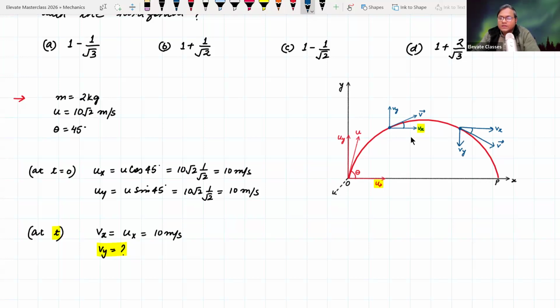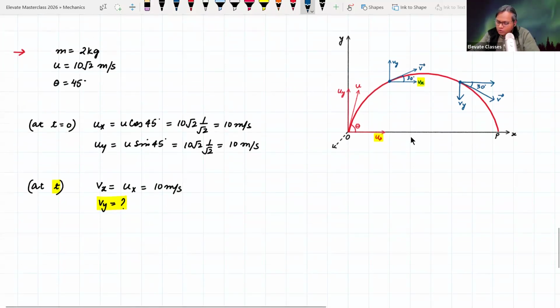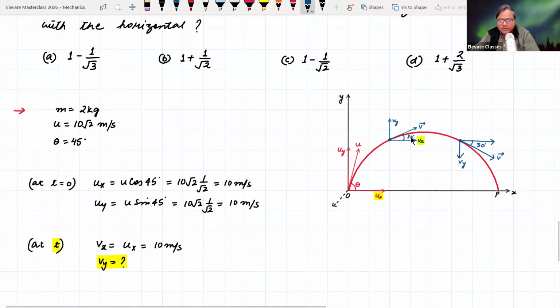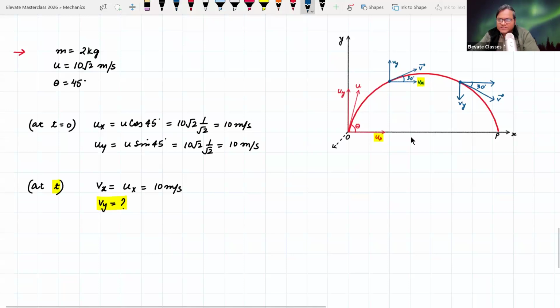So as the projectile is going up, as well as when the projectile is going down, there are two different solutions to the question that the velocity vector v makes 30 degrees with the horizontal. ठीक है, तो हम दोनों के लिए सॉल्व करेंगे, कोई दिक्कत नहीं है. उसके बाद we will see the answers if it makes sense or not. So essentially at a later point in time, the velocity vector is this.